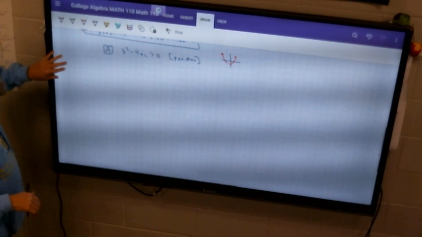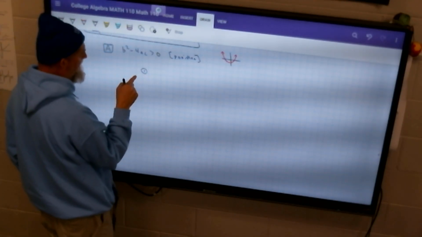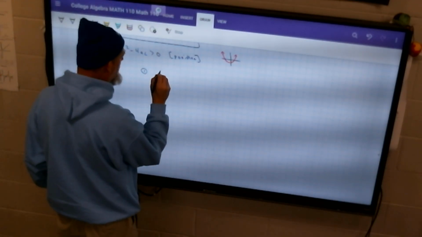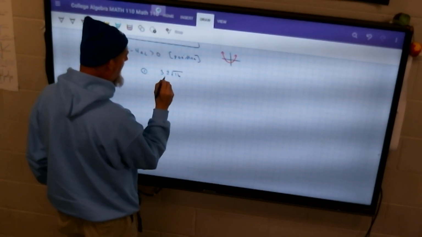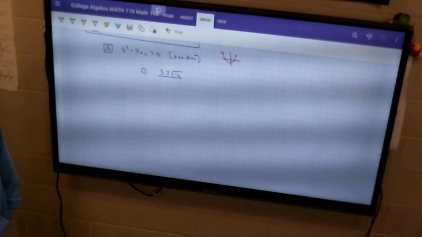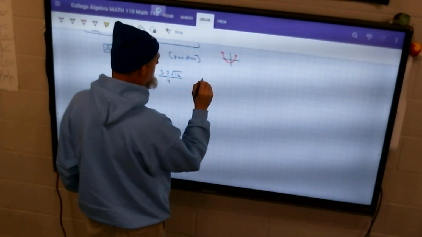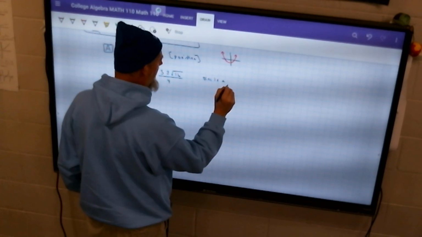Okay? So, one possibility is, remember I said there's 7, right? One possibility is that we would have something like 3 plus or minus the square root of 16 over 4. So one possibility is the discriminant is a perfect square.